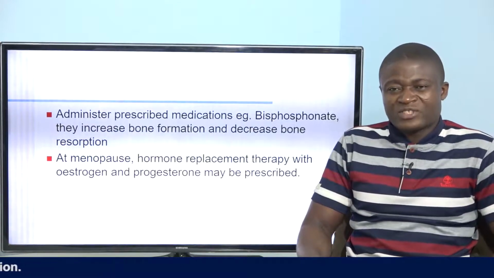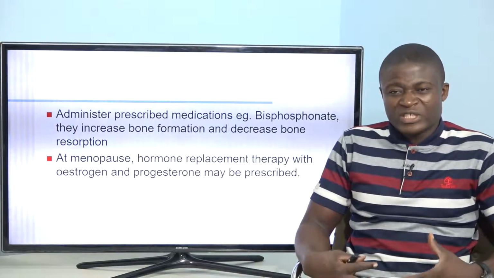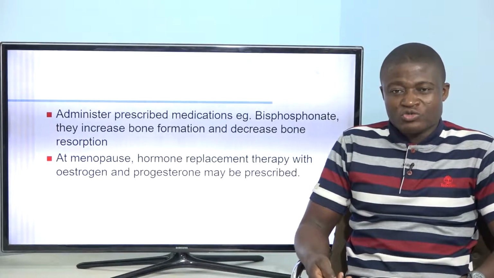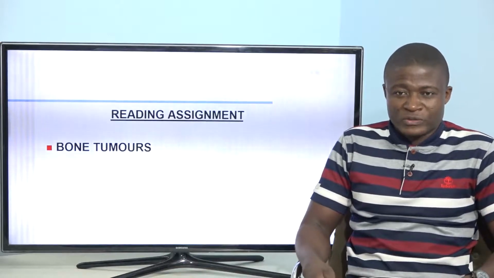When they are given these artificial hormones, they help boost the bone, just like how the natural estrogen was doing. So these tend to decrease their risk of developing osteoporosis.